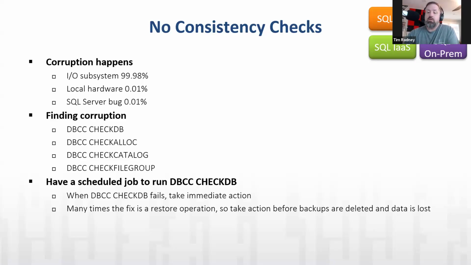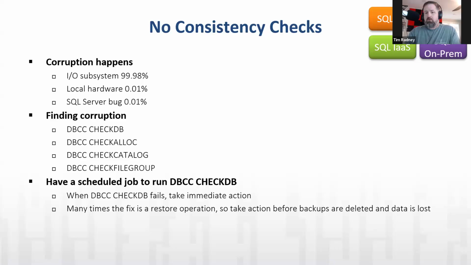But with that, depending on what the error is and where it is, a non-clustered index is easy to repair. Clustered index or the heap, you're typically restoring that from backup. Since it was done at the disk IO subsystem, it wasn't corrupted via a transaction.